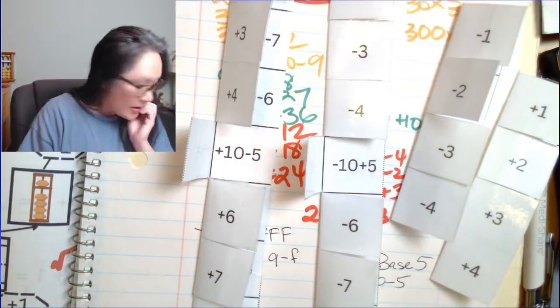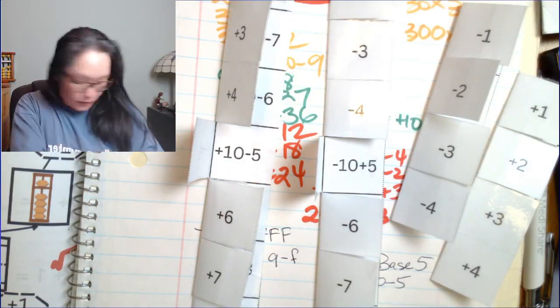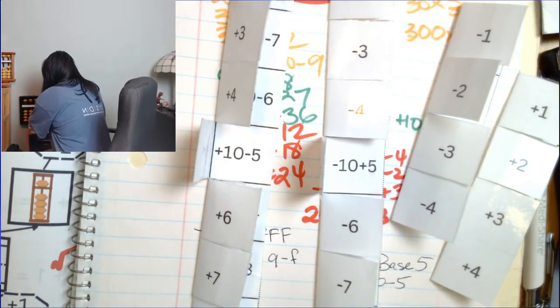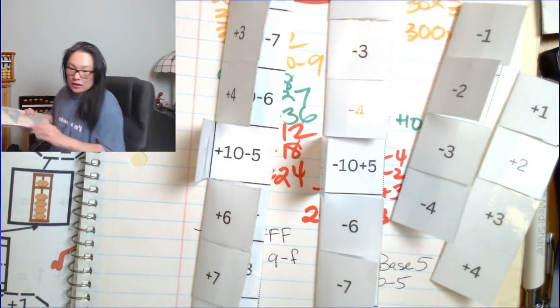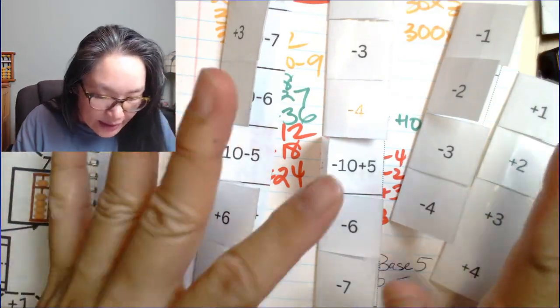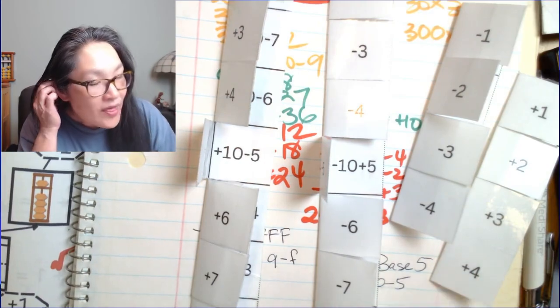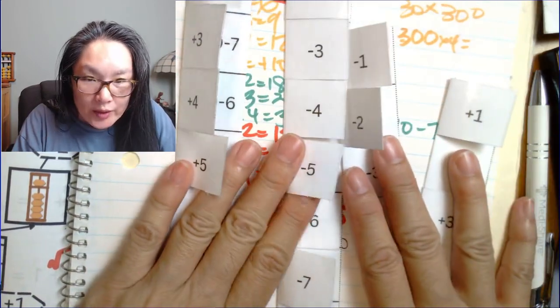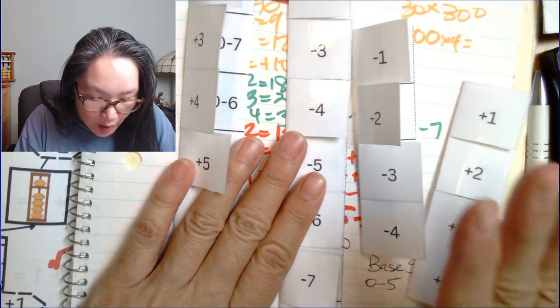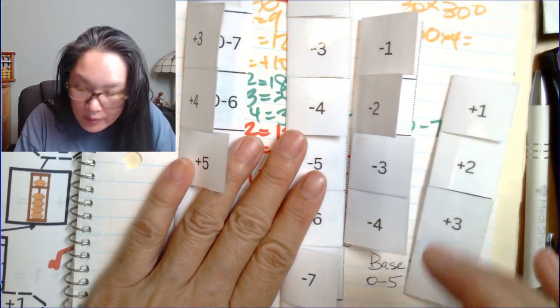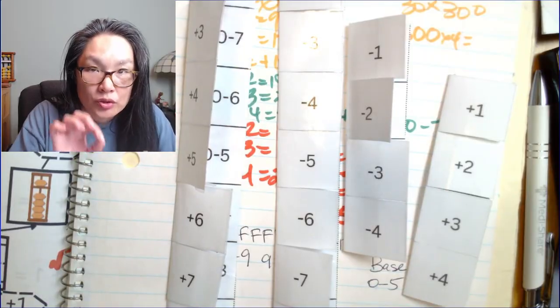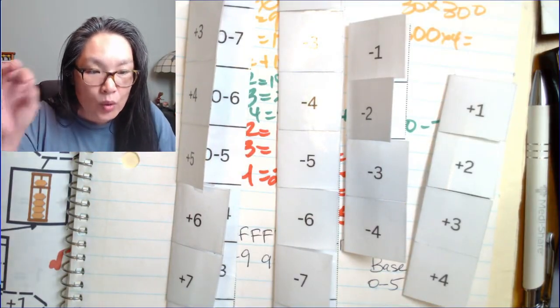Let me see if I can find my... right? So we could take any question. The problem with grouping and regrouping is not the grouping itself. The problem is when it becomes 2-step or 3-step equations.